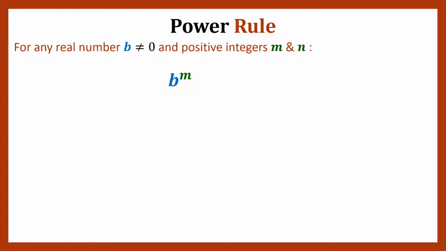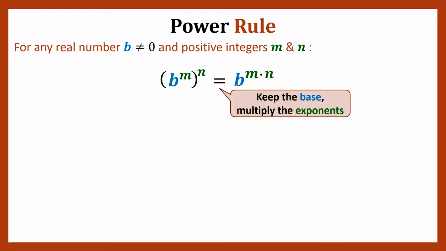If we have a value b raised to the power of m in parentheses, which is then raised to the power of n, then this is equal to the value b raised to the power of m times n. In other words, we keep the base and we multiply the exponents. And this is the power rule.